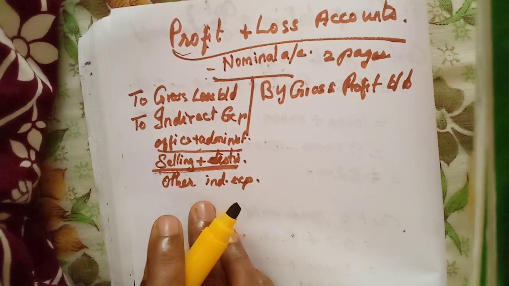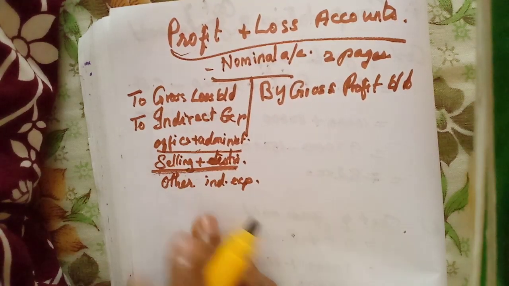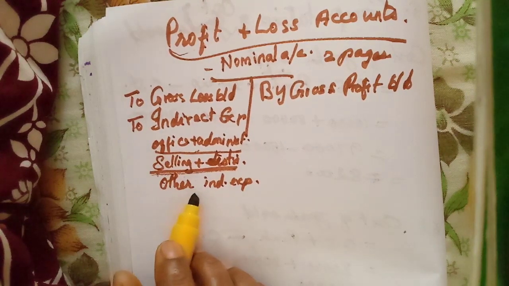So loss on sale of fixed asset. Then depreciation on the fixed asset. Then any loss due to fire or theft, all these are considered other indirect expenses.